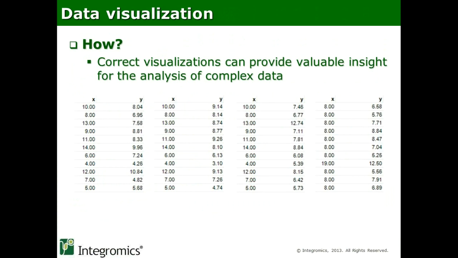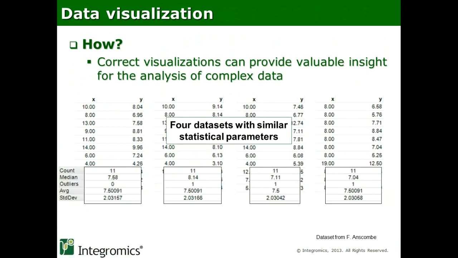This is a set of 4 different data sets, which have very similar statistical parameters. If you look at most of the statistical parameters used in standard analysis, these data sets are pretty similar. You have very similar medians, very similar average and standard deviation, and the number of data points is the same.